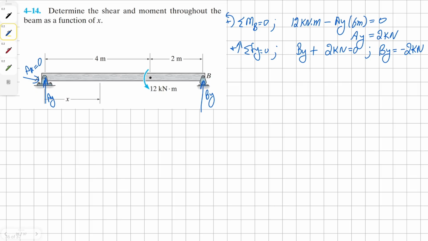and before we even go to shear, we need to recognize that we will have two regions here. One will be 0 to 4 meters, and the other will be 4 to 6 meters.